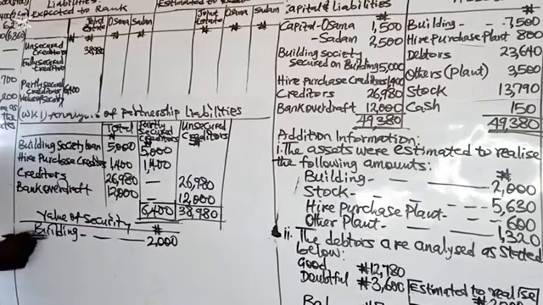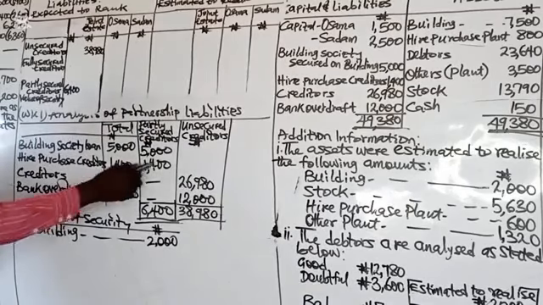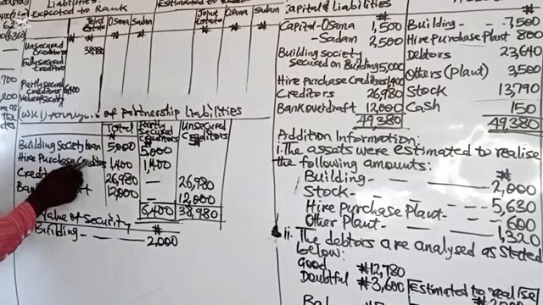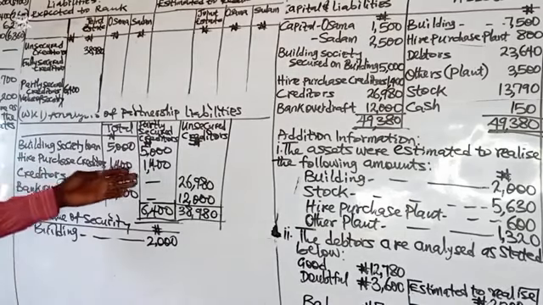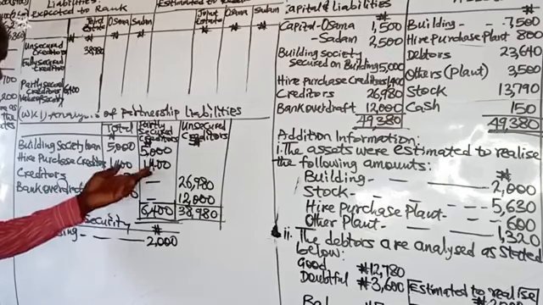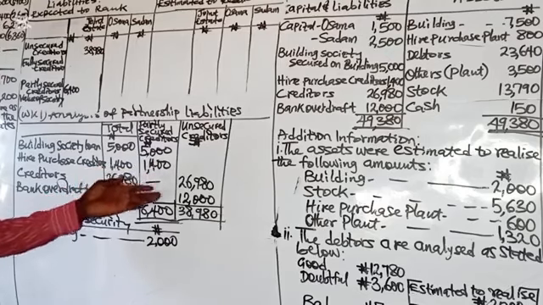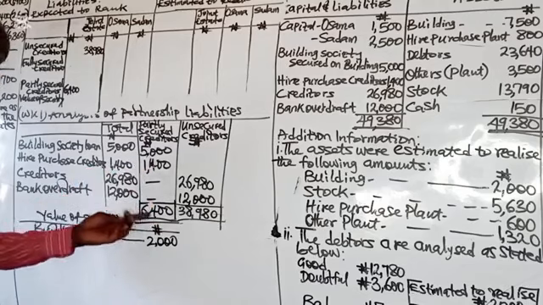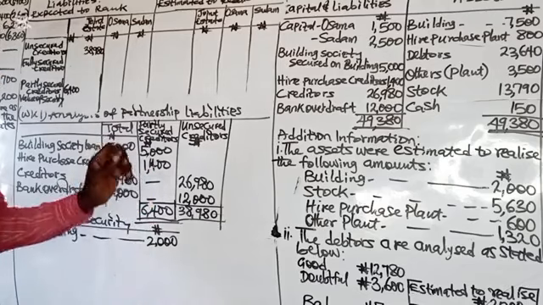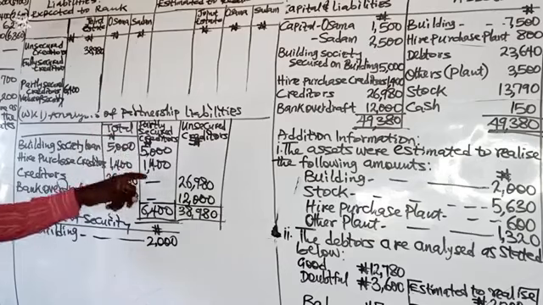Then after building, the second one is hire purchase creditors. Since this asset can be repossessed if the buyer defaulted in paying any of the installments, the value of the asset should be the collateral.